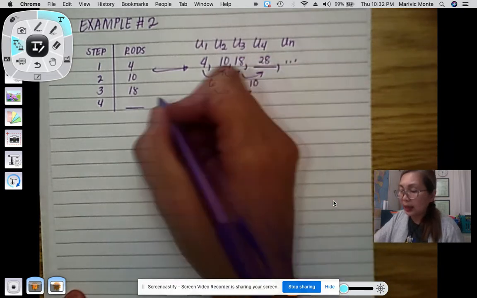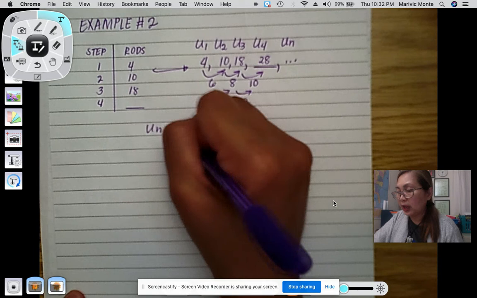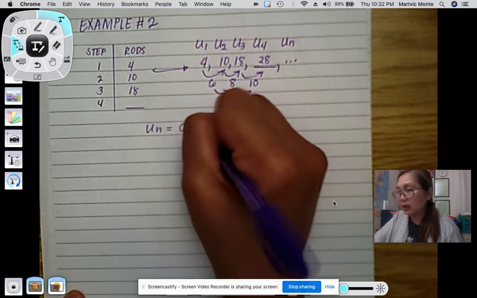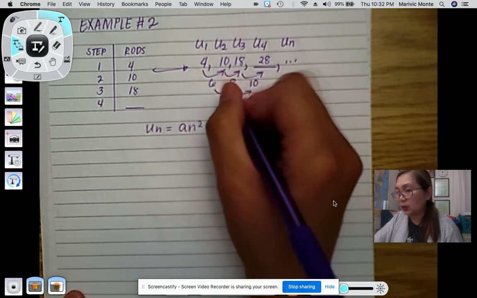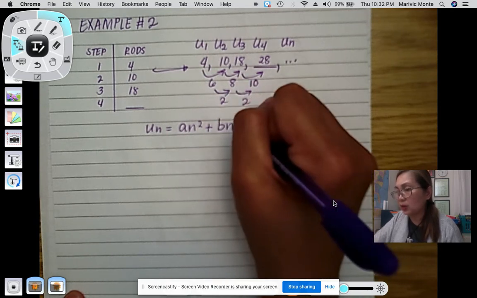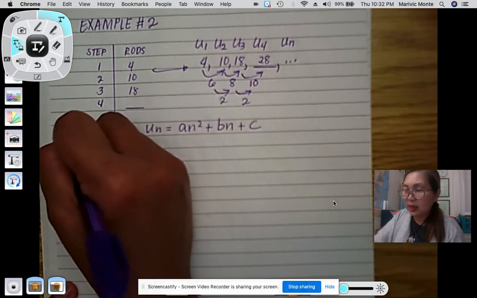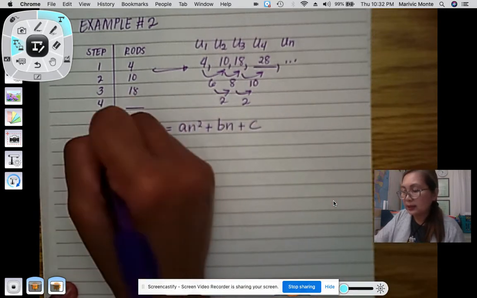Now, again, our formula is still u of n equals a n squared. This is what we're going to use to write our own version of the equation we're looking for. The first one is your 2a equals the second difference.